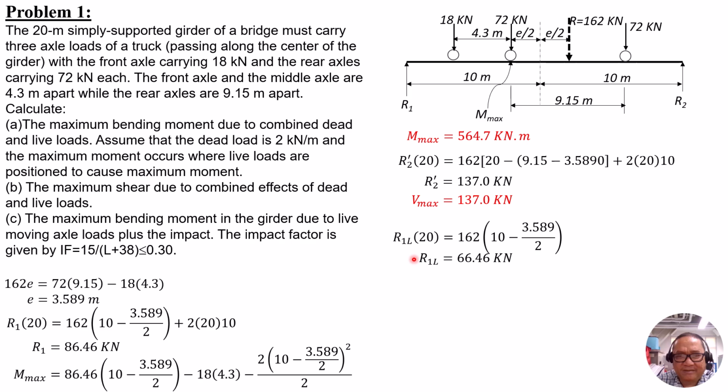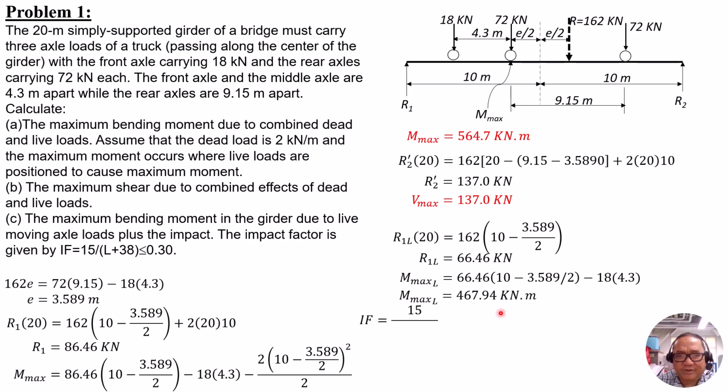R1 due to live loads times 20 equals 162 times quantity 10 minus 3.589 over 2. So R1 due to live loads is 66.46. The maximum moment here is 66.46 times quantity 10 minus 3.589 over 2 minus 18 times 4.3.